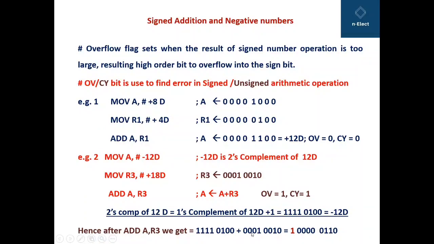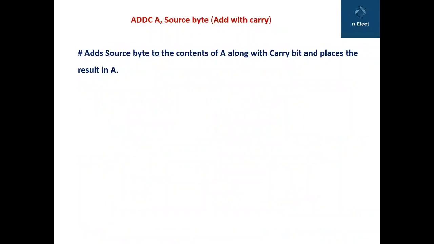One is the 2's complement of 12d and the second is the contents of R3. This we have added, so we are getting this number, shown in blue color. This is the addition and this one is a carry. Since the result is going beyond the limit, the auxiliary carry flag is set. Similarly, carry is generated, therefore the carry flag is 1. So this is how signed additions are performed.